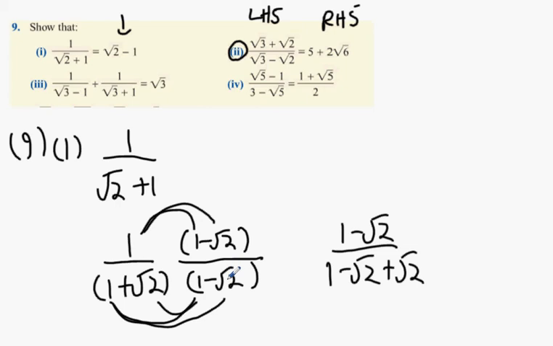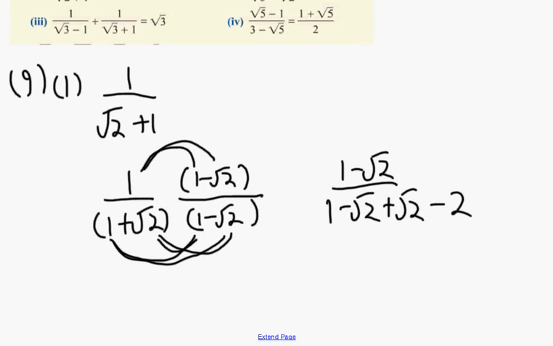And root 2 by root 2 minus 2. Now, what I would have done here the other day was I would have said 1 minus root 2. What happens to these two guys here? Then 1 minus 2 minus 1.